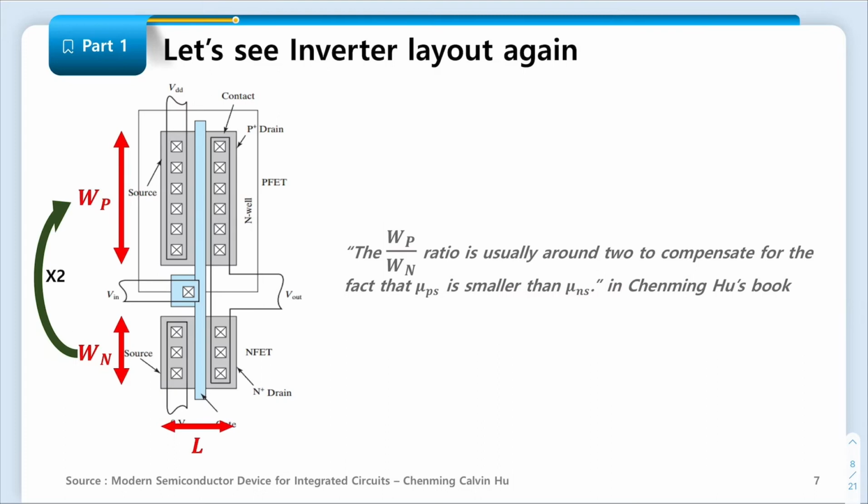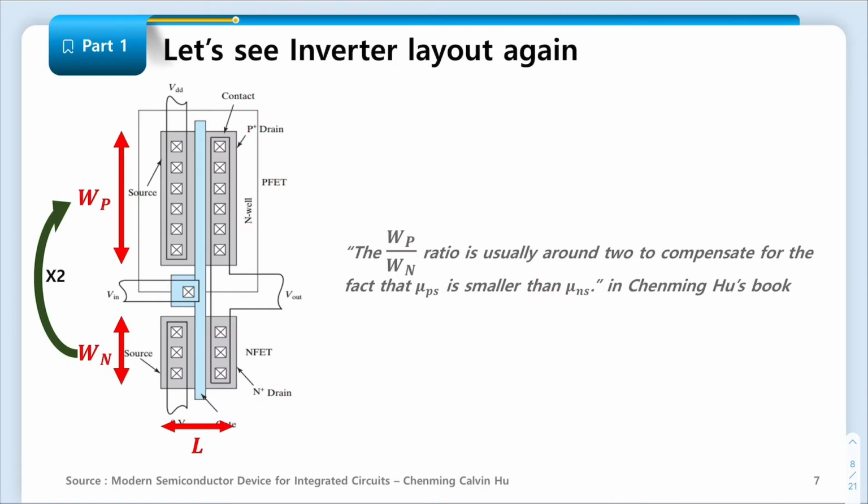So now let's see the inverter layout again, which is in Chen-Min Ho's book. From this figure, now we can notice that the reason why there is a difference between the width of NMOS and PMOS is to compensate for the difference in each transistor's mobility. So now we can make a conclusion of part 1.